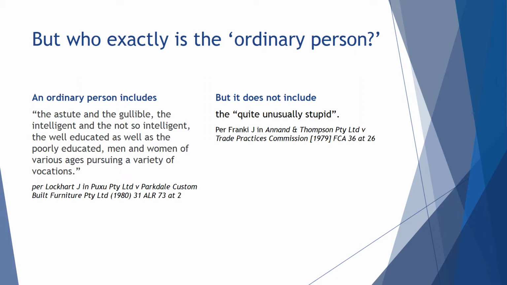So that was in Puxu versus Parkdale Custom Built Furniture. Another case that provides us with, I guess, a boundary that rounds that off is it doesn't include the quite unusually stupid. So what we can establish from these two cases is that an ordinary person is pretty much anybody except for the unusually stupid.